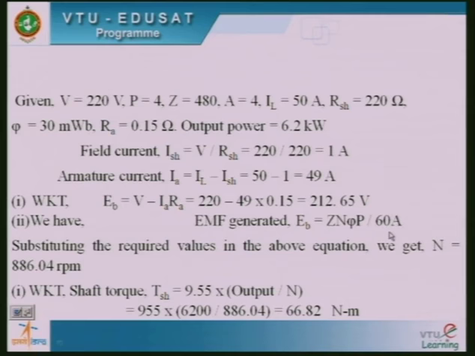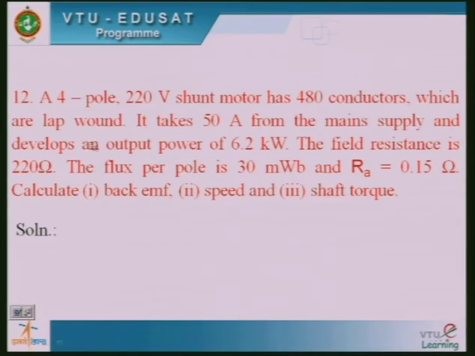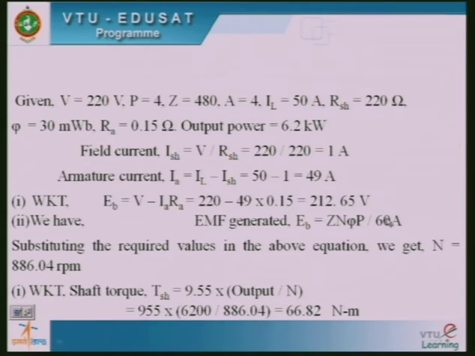Divided by 60 into A; it is mentioned that it is lap wound. In case of lap wound, the number of poles equals the number of parallel paths, so P is equal to A is equal to 4, as given in the problem. Substitute, and you are going to get N equal to 886.04 RPM.